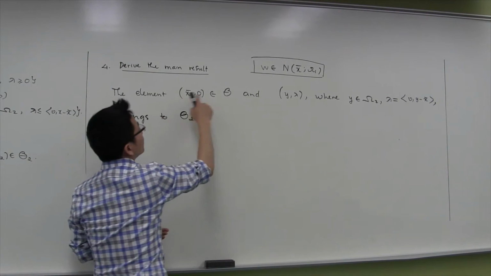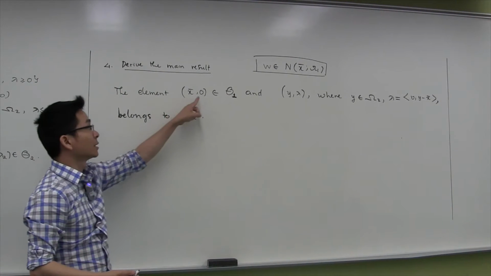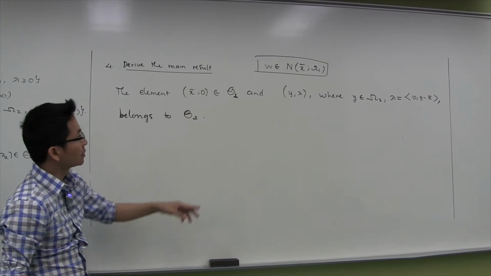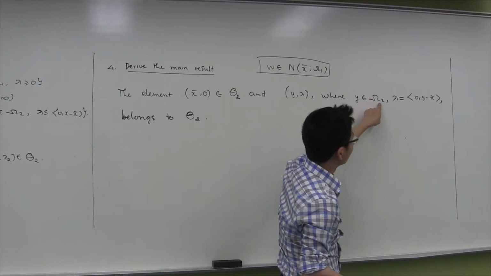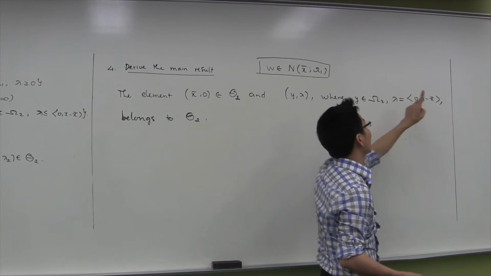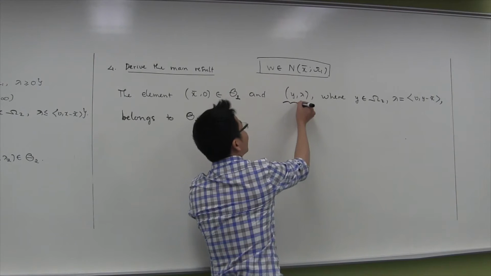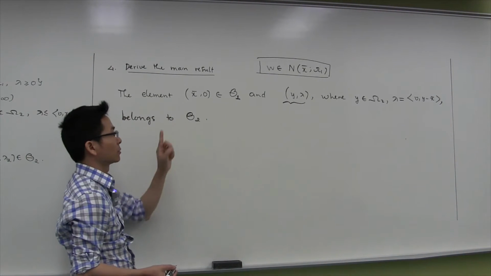Okay, over here actually this is theta 1. X bar 0 belongs to theta 1, and y lambda, where y is in omega 2 and lambda is equal to the inner product of v and y minus x bar. This element y lambda belongs to the set theta 2.